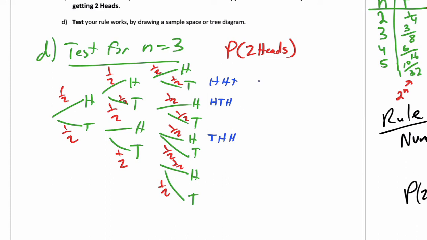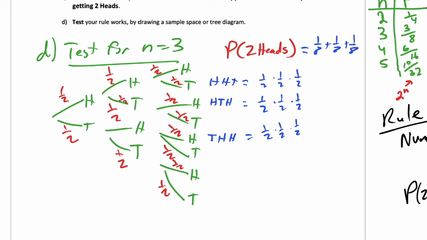So this one here is half times half times half. This one's half times half times half. This is half times half times half. So we get 1/8 plus 1/8 plus 1/8 equals 3/8. Okay. Now let's check by the rule.